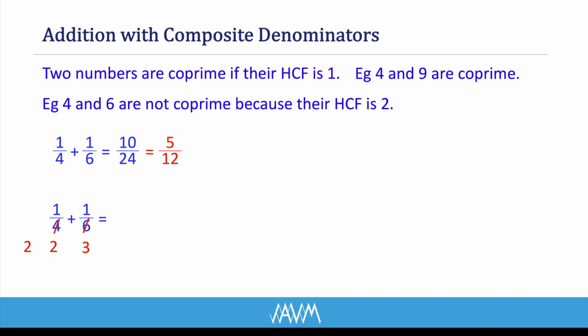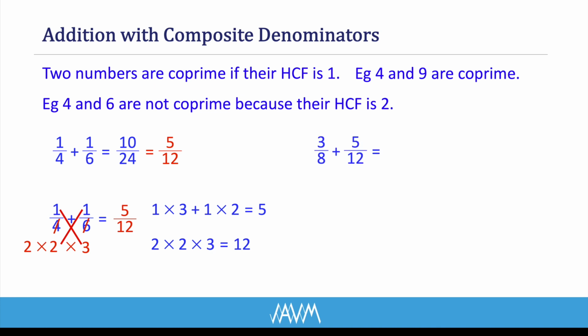And then we use these two new denominators in the cross addition. 1 times 3 plus 1 times 2 is 5. And multiply all three of the numbers. 2 times 2 times 3 gives 12. And so the answer is 5/12.